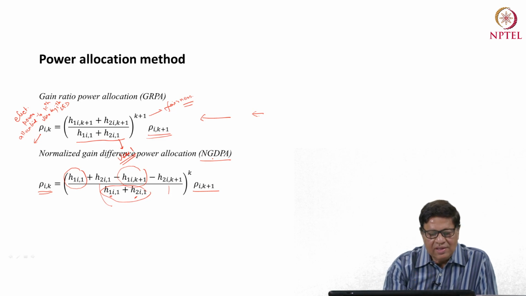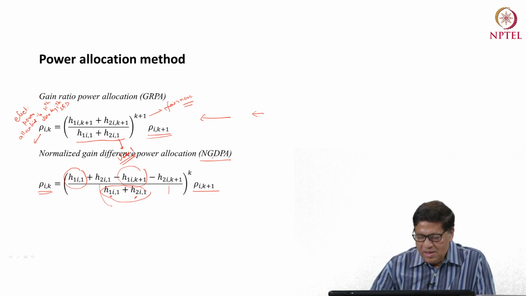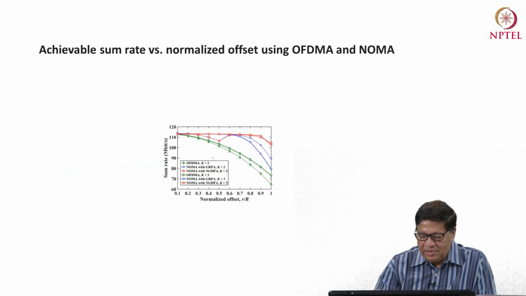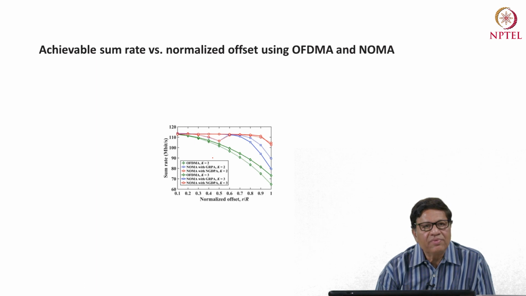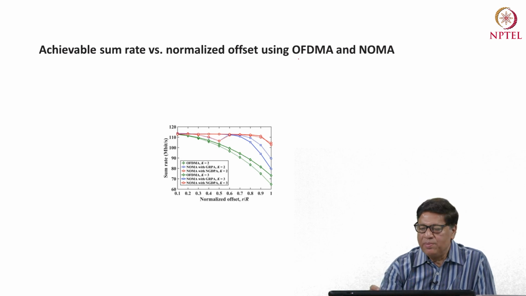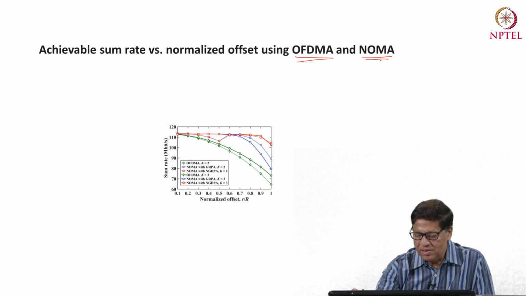But if I take this kind of power allocation, then what I get is this kind of curve. So let us try to understand this. This is the achievable sum rate versus normalized offset using OFDMA and NOMA. So this is r by R. When this value is 1, that means the user is at the last location.